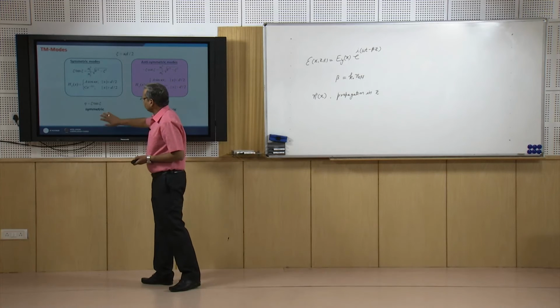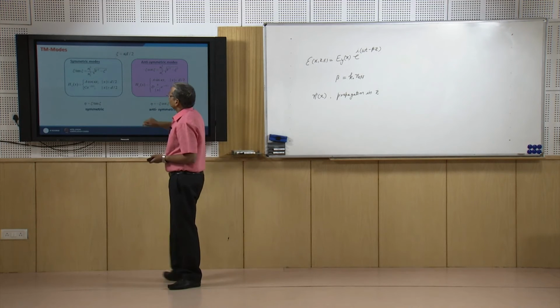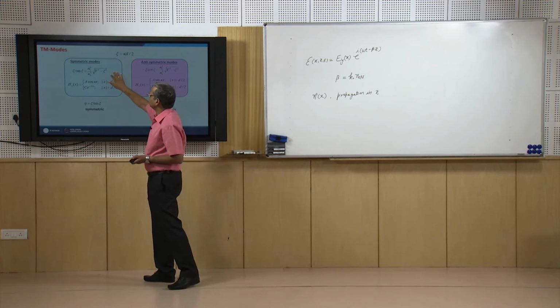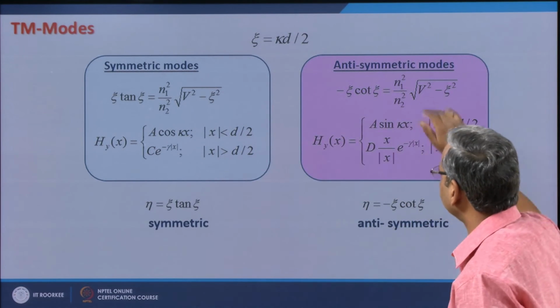So, the transcendental equation is this. If I use the graphical solution to solve this, I should equate the right hand side and left hand side both to eta, in this case as well as in this case.